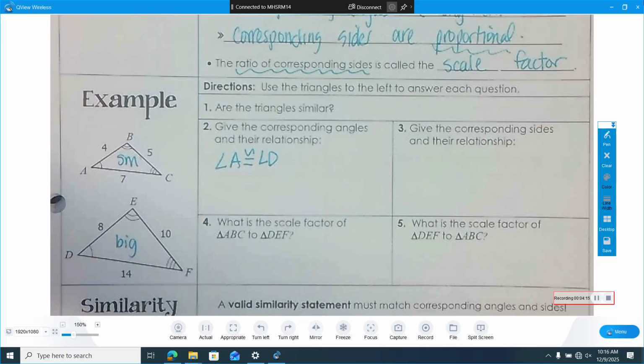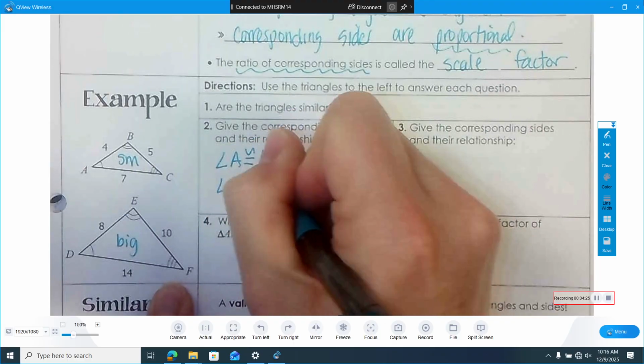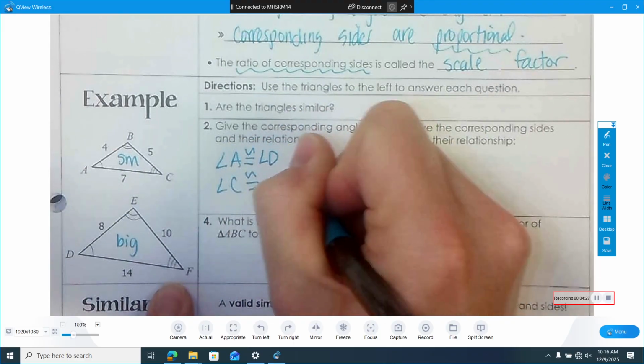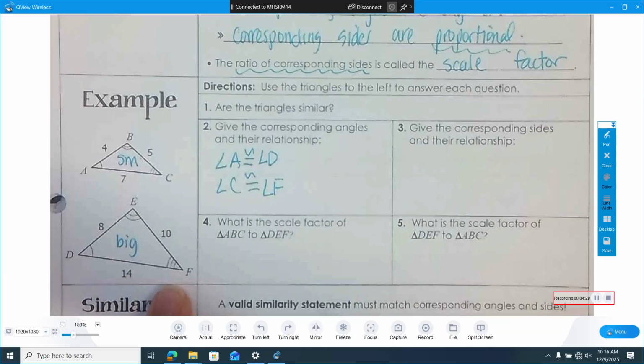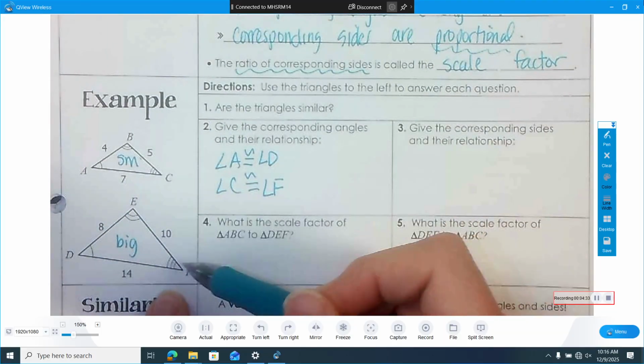All right. So, ladies and gentlemen, give me another pair of angles that are the same. C and F, yeah. Angle C is congruent to angle F. Again, they have a triple mark.